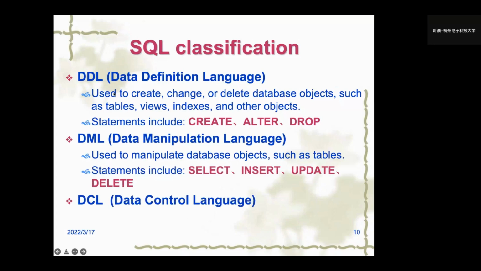This kind of language is used to create, change, or delete database objects, such as tables, views, indexes, and other objects. The statements of the operation include create, for example, you can create a table, alter, and drop to delete a table.